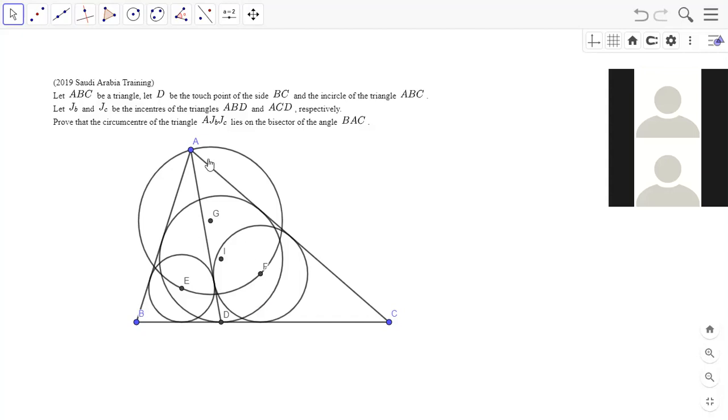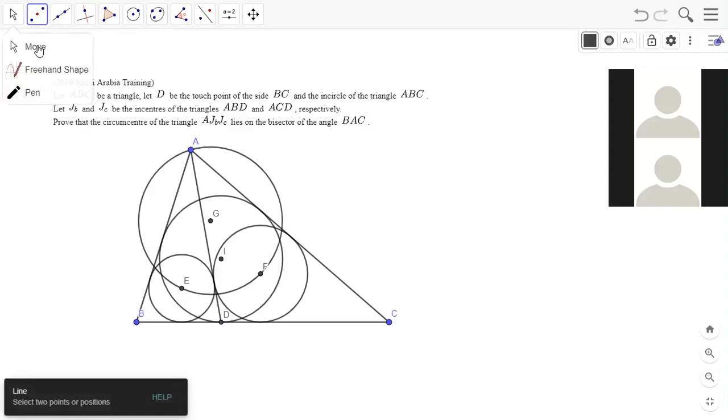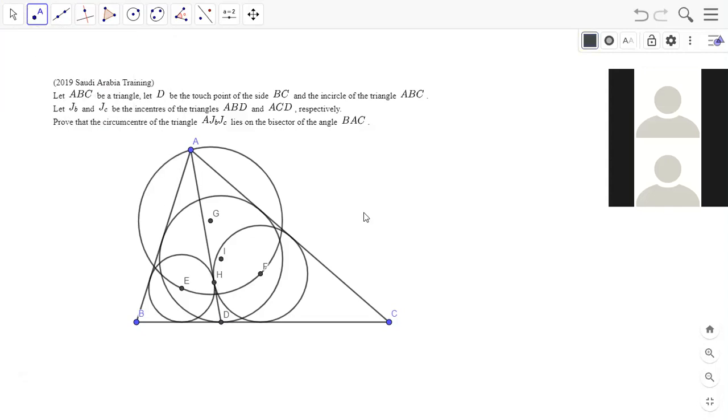Because there's a formula to calculate the length of that segment. Can you just name the point? The point of tangency, yeah. But yeah, I think they are. I think it's not hard to show that they're tangent.